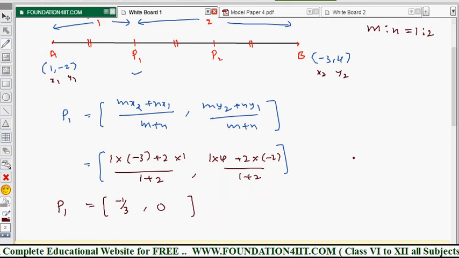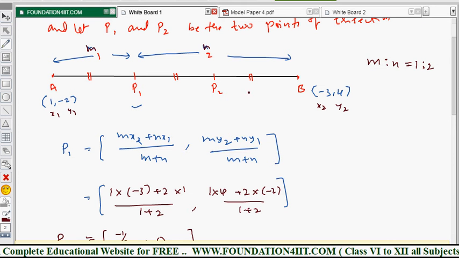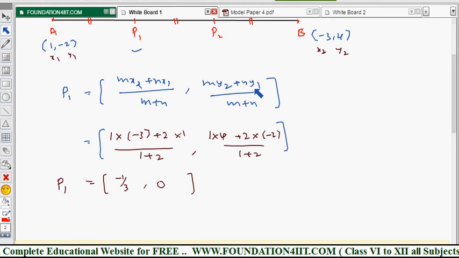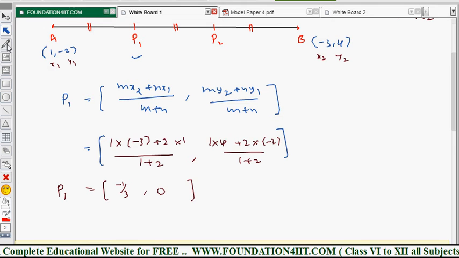And to find P2, if you take the 2 is to 1 ratio, you will get P2. Otherwise, if you observe, instead of using the ratio 2 is to 1, P2 is the midpoint of P1 and B. We'll just use the midpoint formula and find P2 directly. For P1 and B, we'll use the midpoint formula.